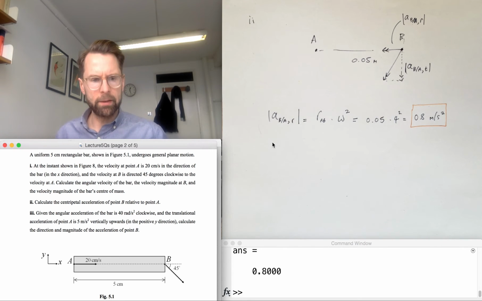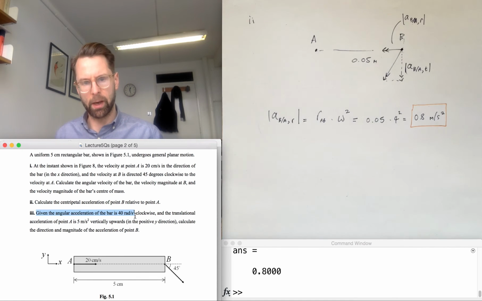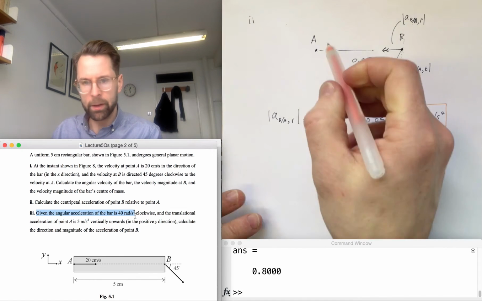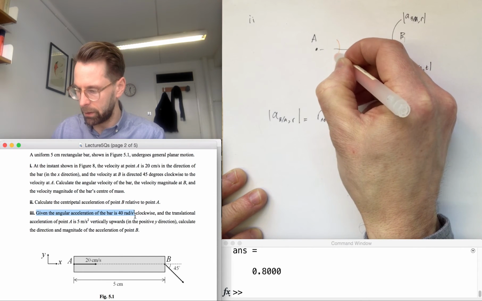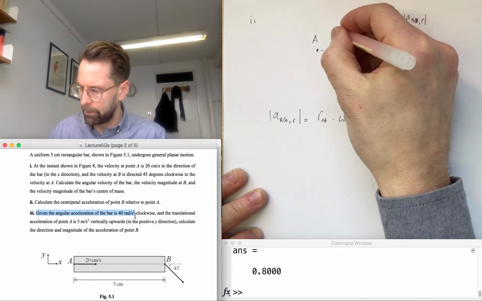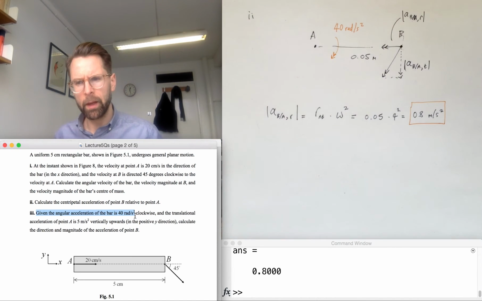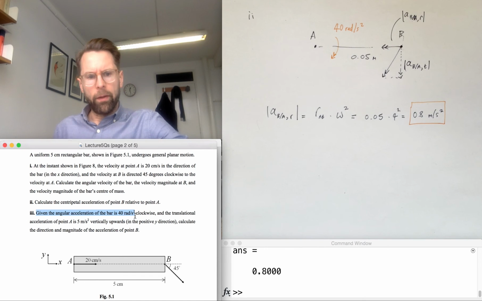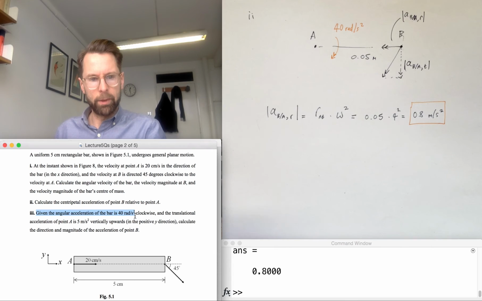It says in the question, given that the angular acceleration of the bar is 40 radians per second squared clockwise, so it now tells us that there is an angular acceleration clockwise, and that is 40 radians per second squared.